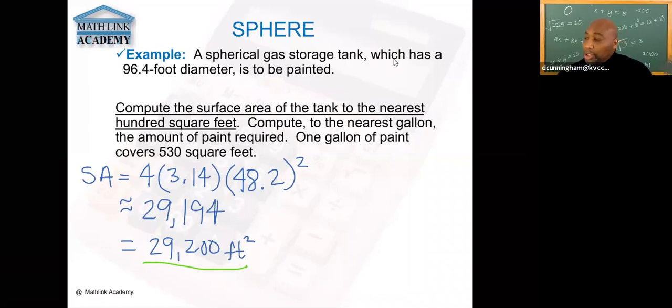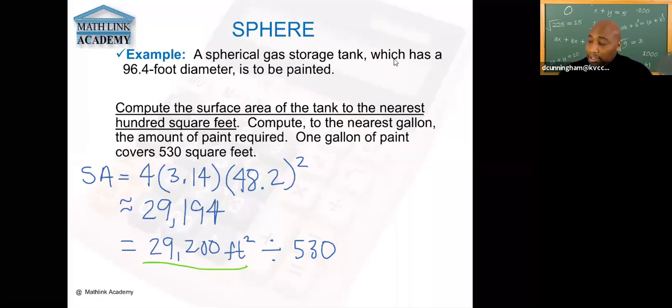And so what we should do is use 29,200 square feet divided by 530 square feet. That's 1 gallon of paint, 1 gallon.